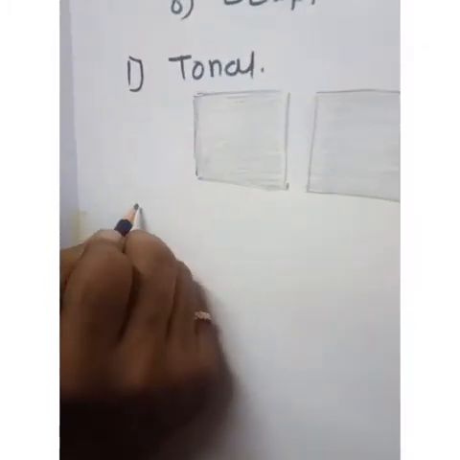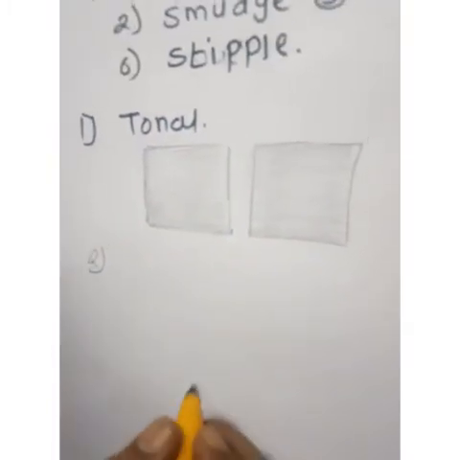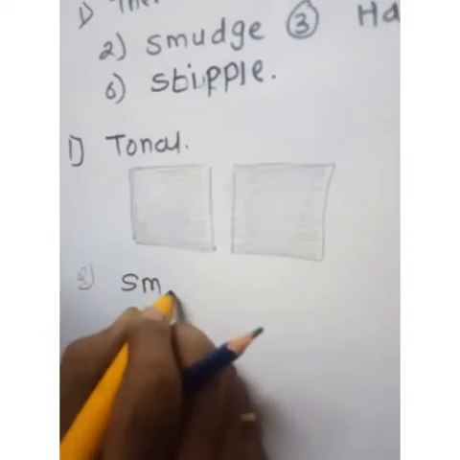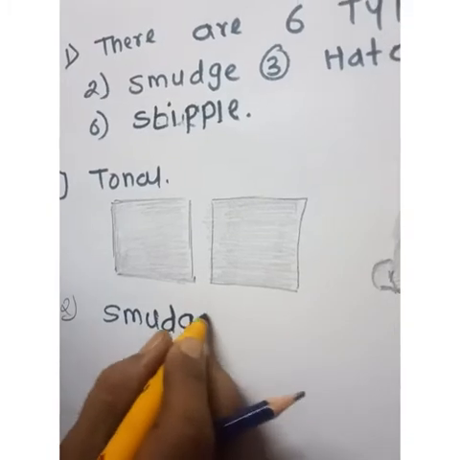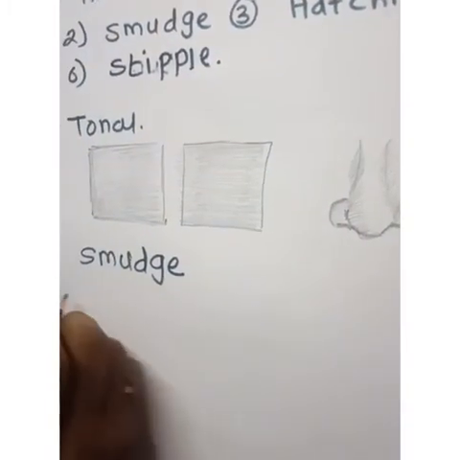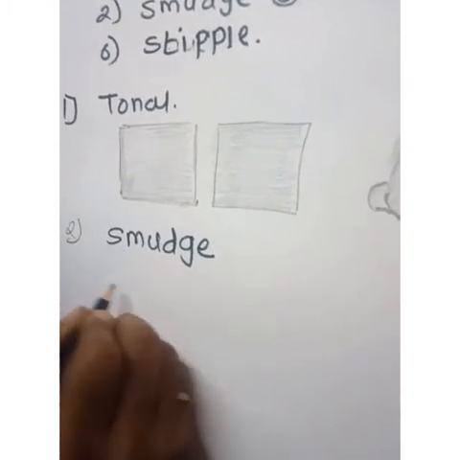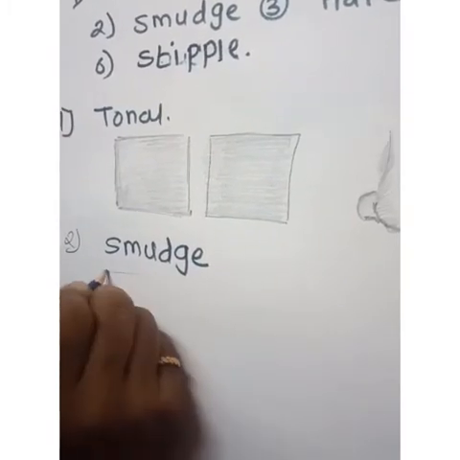Now second one comes. Second one will be smudge. Now smudge also, it is called as blending technique. You can use this shading as again I am showing you in boxes.